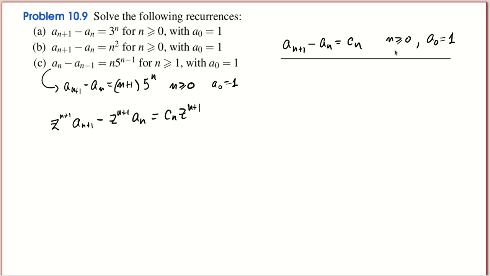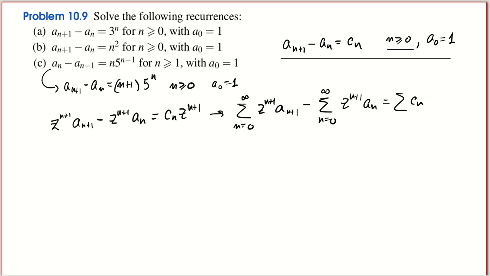Then you sum over the whole range of the index n: the sum from n equals 0 to infinity of z^(n+1) a_(n+1), minus the sum from 0 to infinity of z^(n+1) a_n, equal to the sum from 0 to infinity of c_n z^(n+1). This is a standard manipulation that we do to transform this equation into an equation for the generating function.